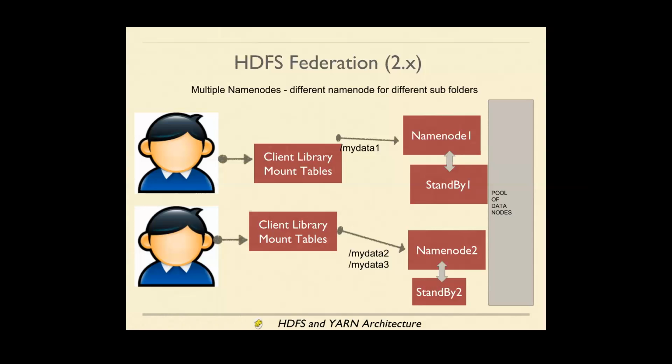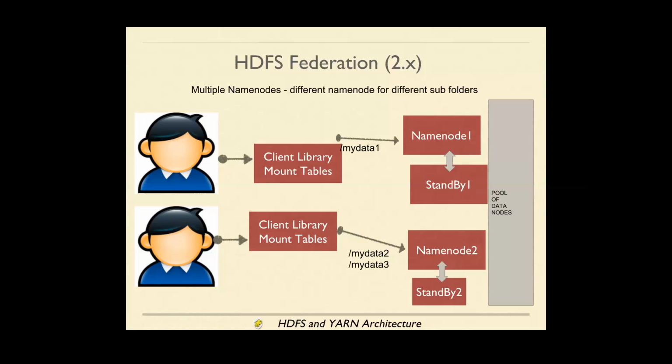A question from Sudhakar: are these name nodes on the same machine or different machines? They will have to be on different machines. Why? Because the reasoning behind having two name nodes is that memory overflow was occurring. That was the main reason behind having multiple name nodes.